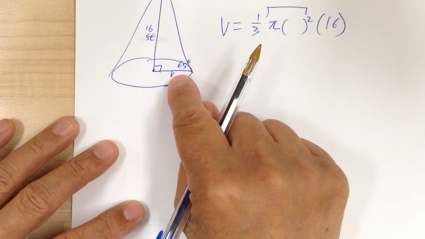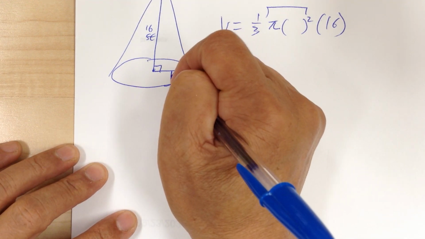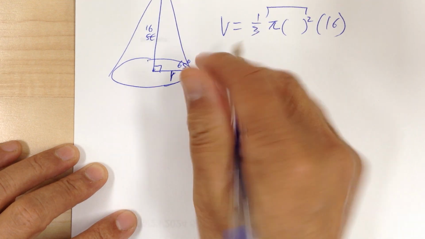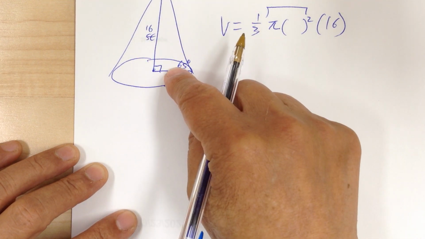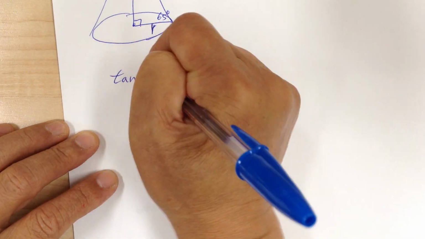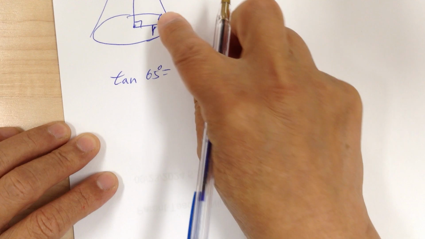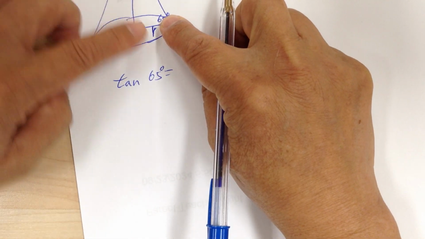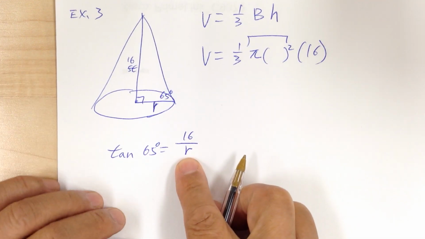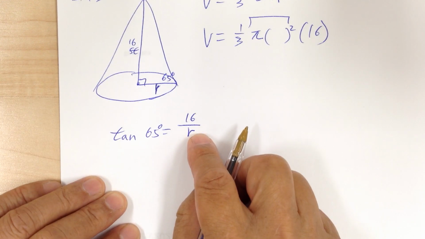So to look for r, again, we're going to use trigonometry. There's the angle over here. So this is the tangent function. When the two legs are given, it's tangent. So tangent of 65 degrees, tangent of this angle, equals opposite over adjacent, equals 16 over r. So you've got to know your trigonometry.